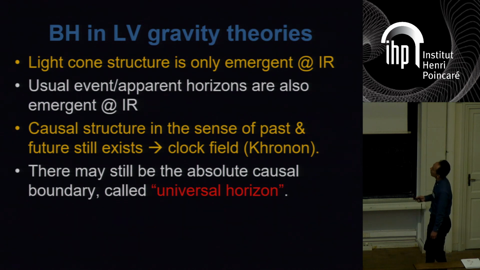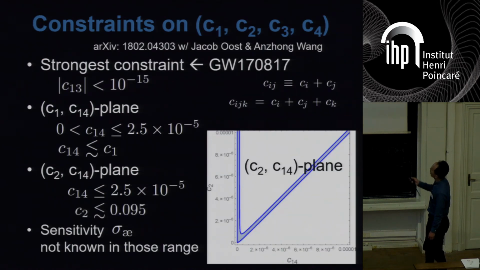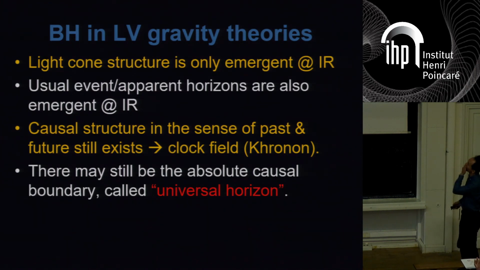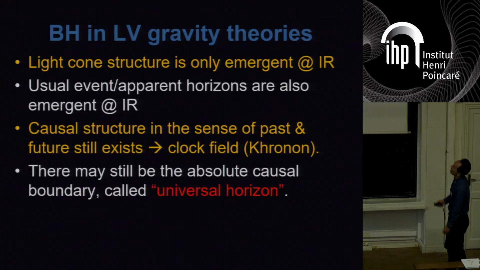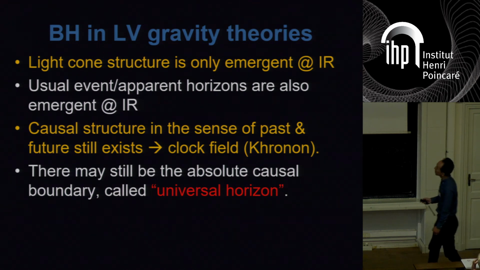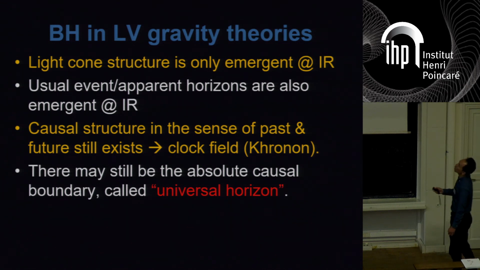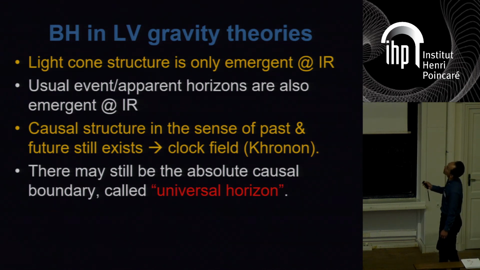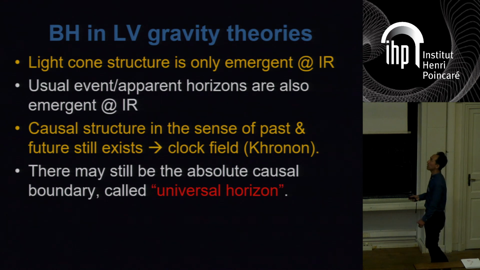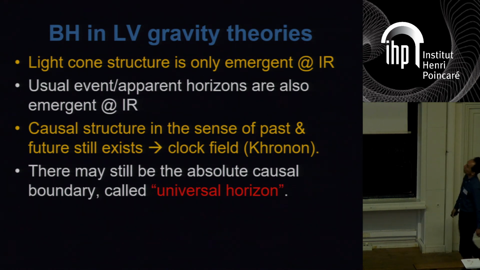Anyway, we wanted to consider gravitational collapse within, for example, somewhere in this narrow region. In Lorentz violating gravity, such as Horava-Lifshitz or Einstein ether, the concept of a black hole is unusual and interesting, because the light cone structure is only emergent in the IR. In the UV, there is no concept of a light cone.